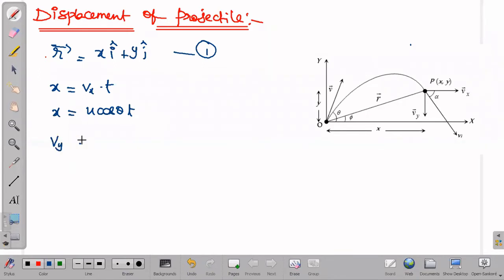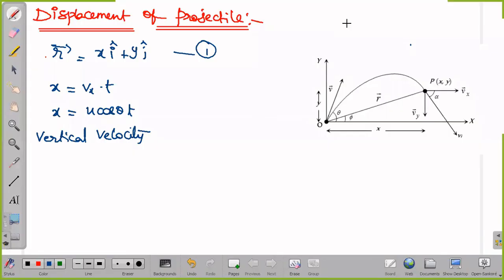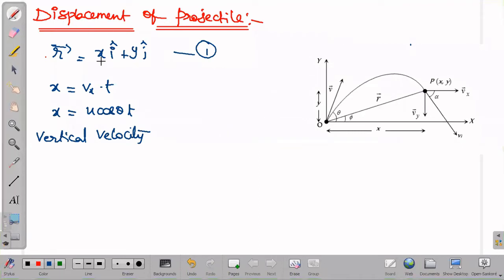It is simply the formula v equals u plus at.